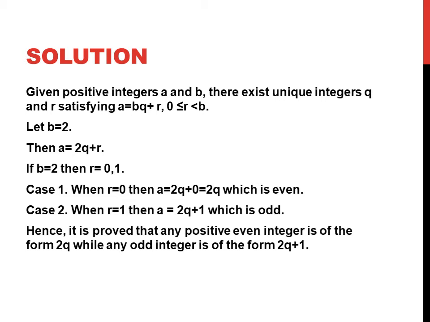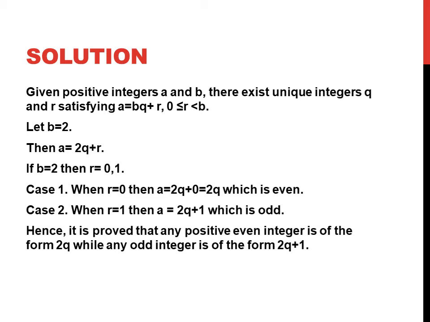So let b equal 2, then a will become 2q plus r. If b equals 2, then the value of r can be 0 or 1. Now, case 1 is when r is equal to 0, then a will be equal to 2q plus r, which is 2q plus 0, which is 2q.